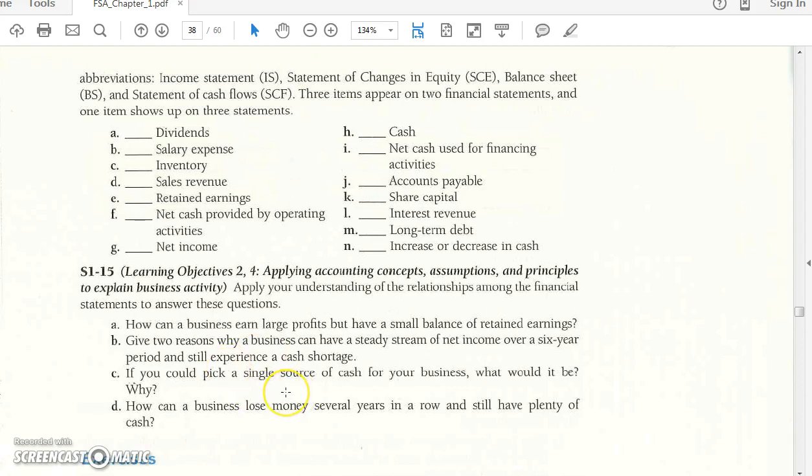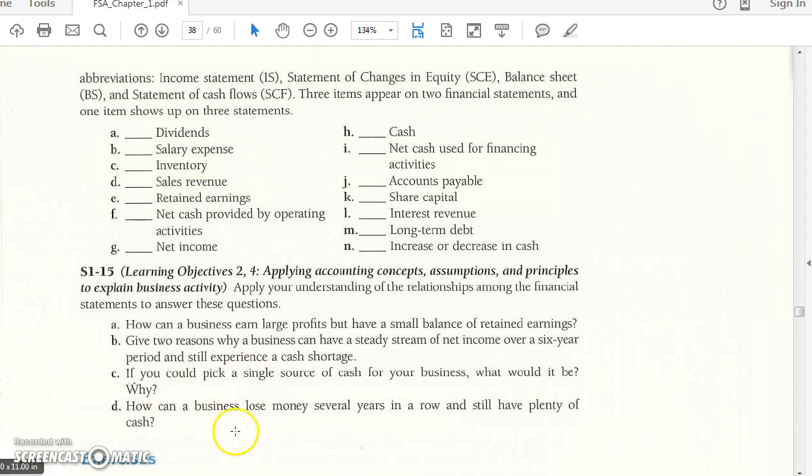So this one is asking, is it through operating activities? Is it through investing activities? Or is it through financing activities? And then D, how can a business lose money for several years in a row and still have plenty of cash?